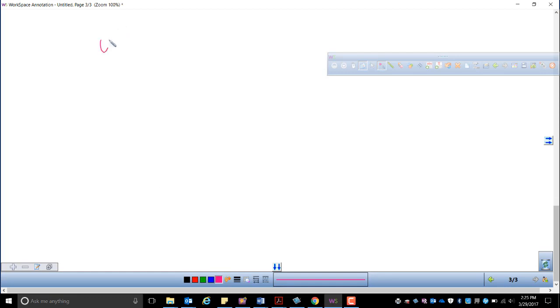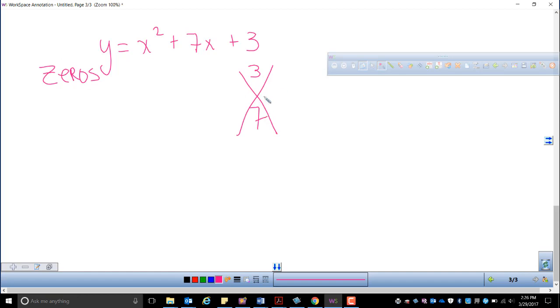Okay, another special thing that happens, and this happens in Algebra 2 a lot, and we'll look at it a little bit, is sometimes you get something that you can't factor. So if I look at this and I say, okay guys, you find the zeros, and you put 3 here and you put 7 here, there's no answers. So for right now, we're just going to say this one that you can't do.